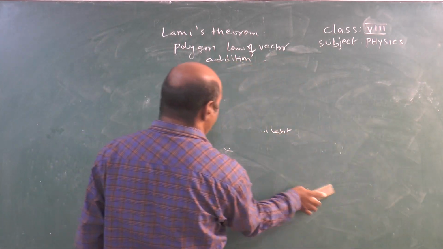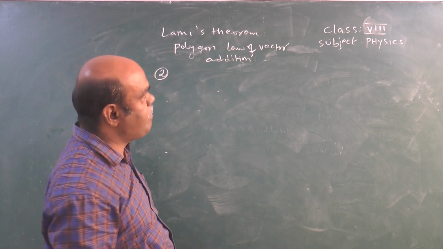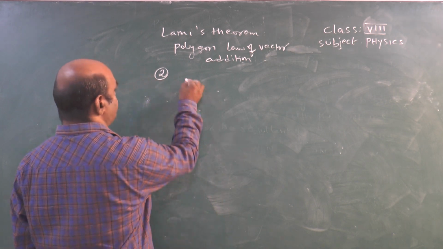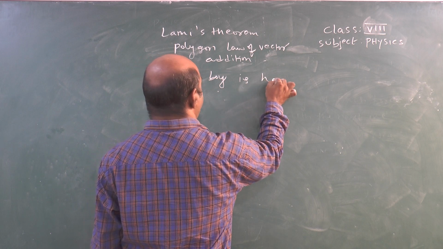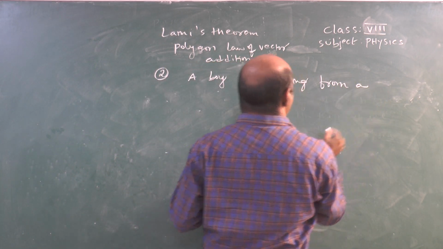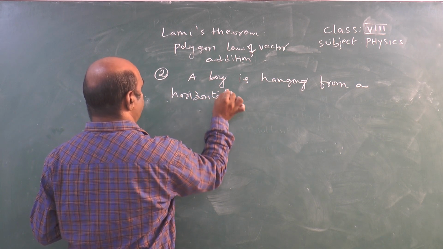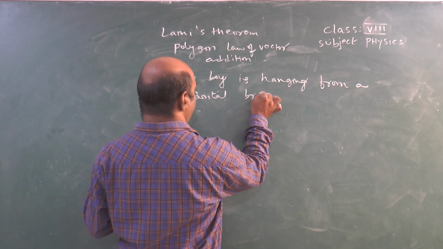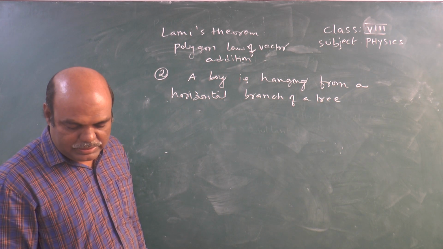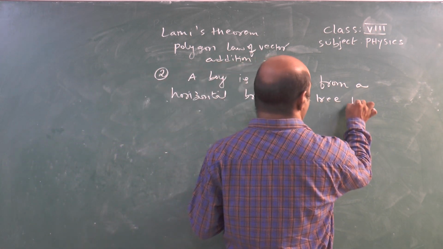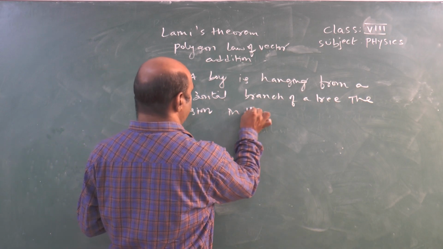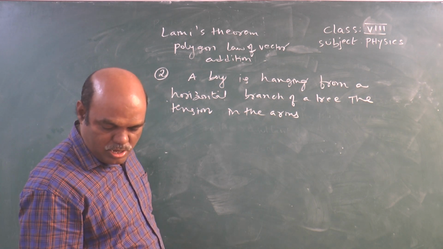Next, second one. A boy is hanging from a horizontal branch of a tree.